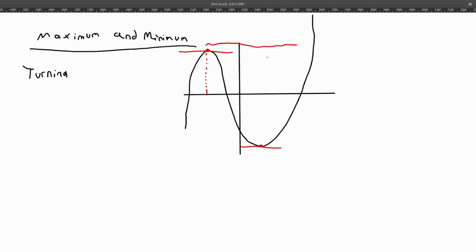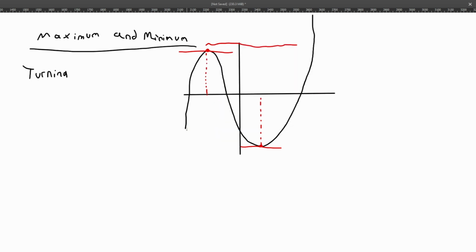And the y value of this point right here will be the local minimum of this region. The reason it's a local maximum and minimum is that this function's maximum and minimum values are infinity and negative infinity, right?